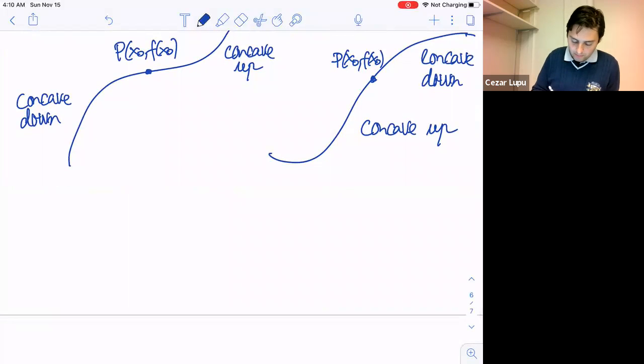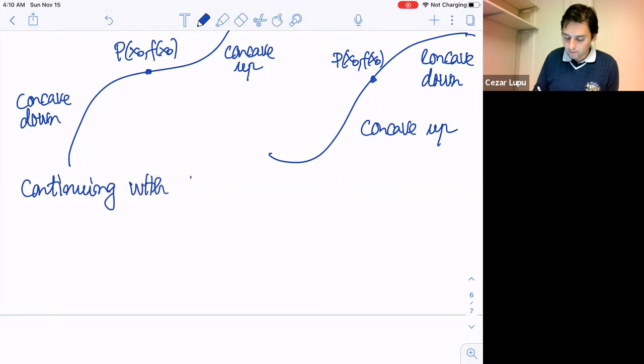Now we continue with the previous example.